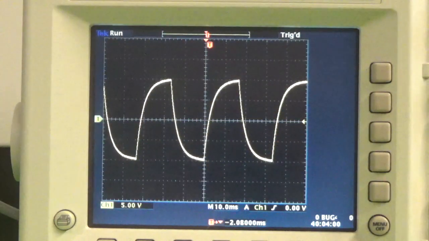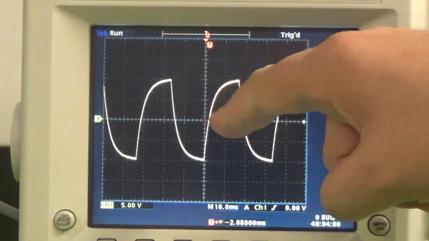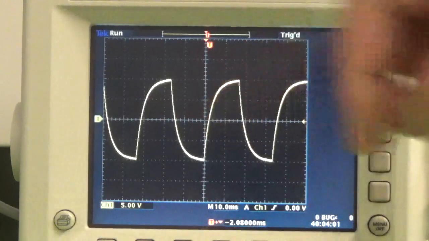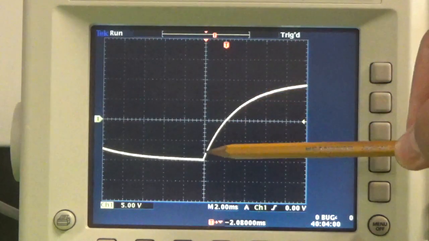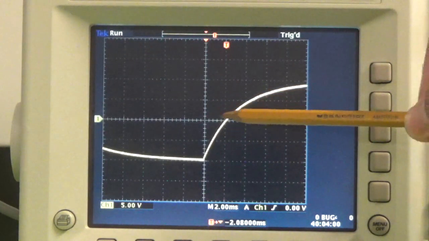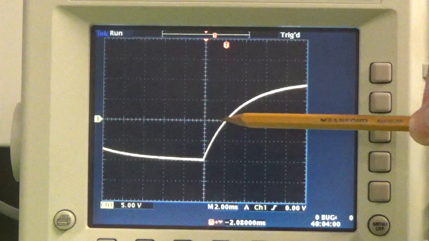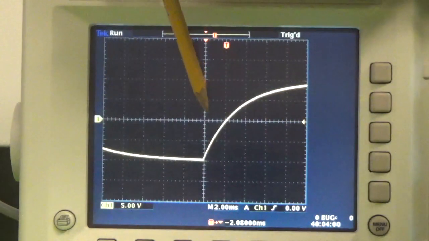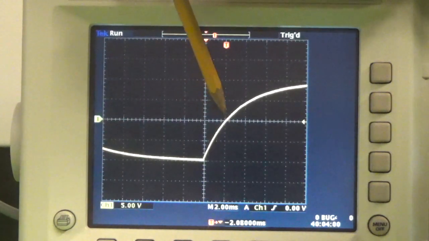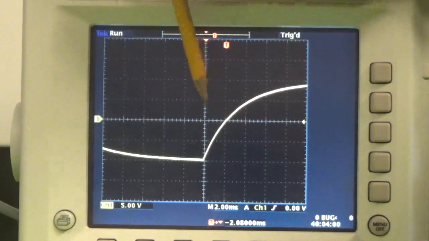What I will do is target the 0 voltage right here. This is the region that we are looking for. We need to go to the 0 voltage, which is right here, and then count how many squares we have.